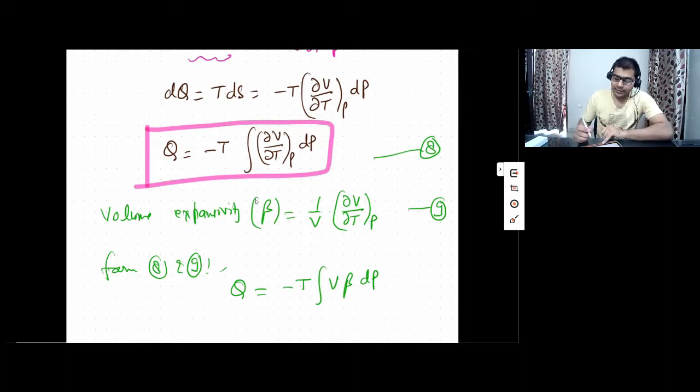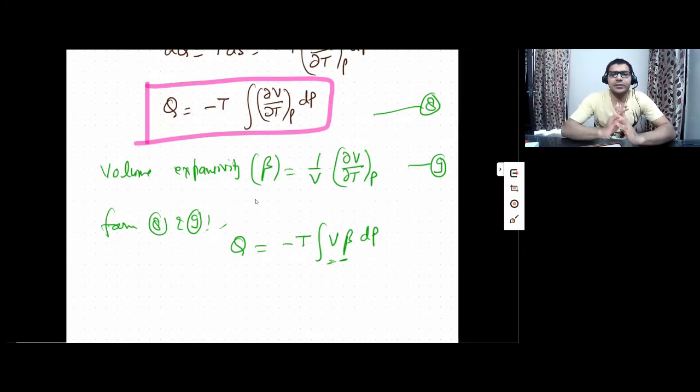Now, for most substances, for practical purposes, this V and beta don't change appreciably over the huge range of pressure that we apply on solids and liquids. For example, if we apply pressure from 0 atmospheric pressure to, let's say, 1,000 atmospheric pressures, V and beta for most solids and liquids don't change very appreciably.